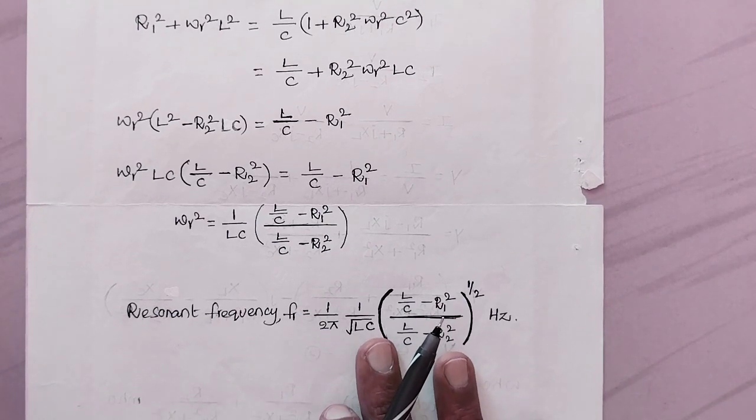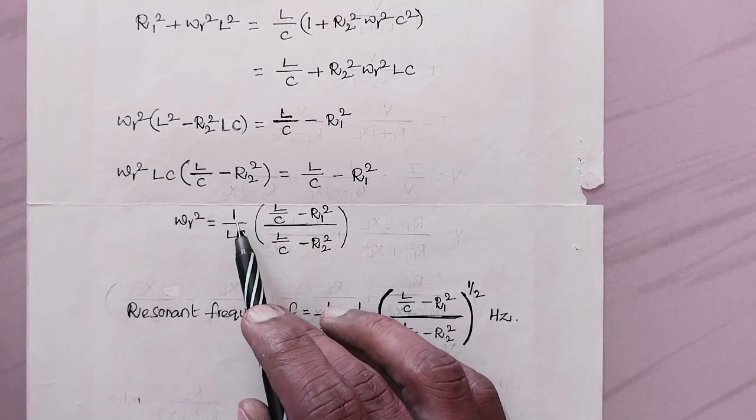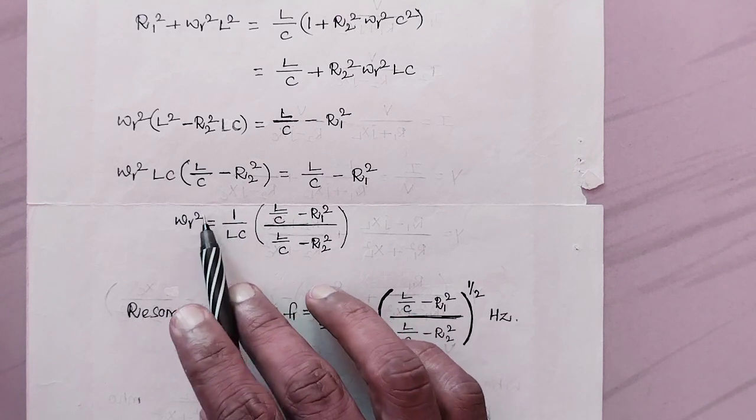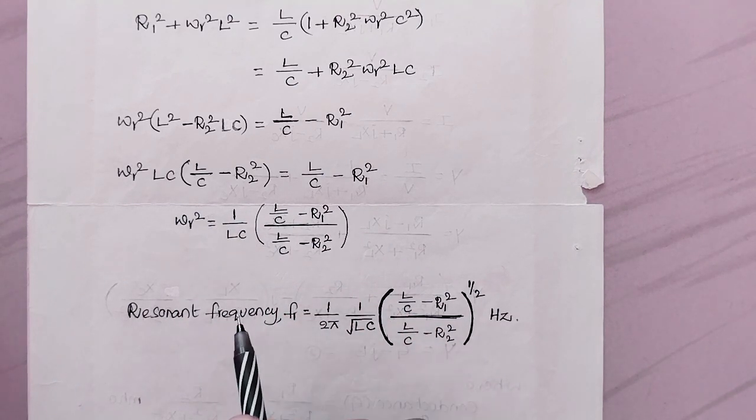This resonant frequency is in radians per second, and it is a square, so we take the square root.